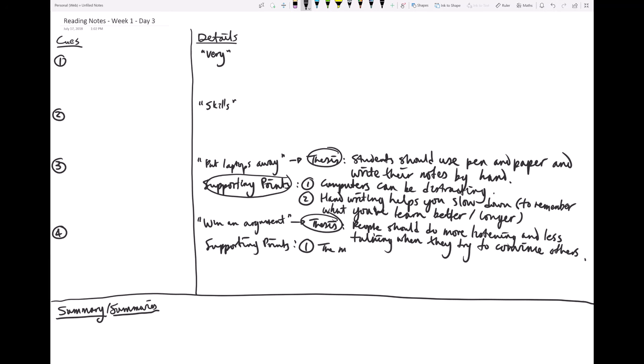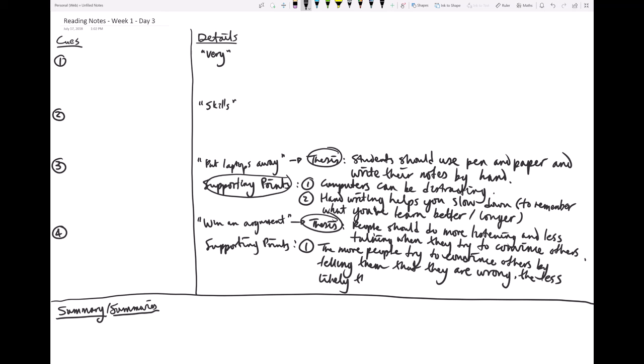The more people try to convince others by telling them that they are wrong, the less likely they are to change their mind.